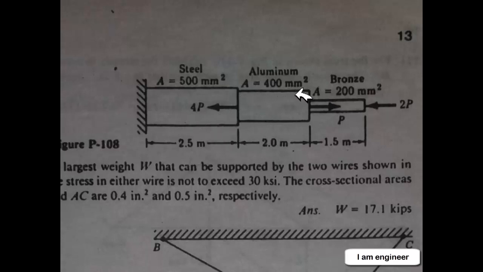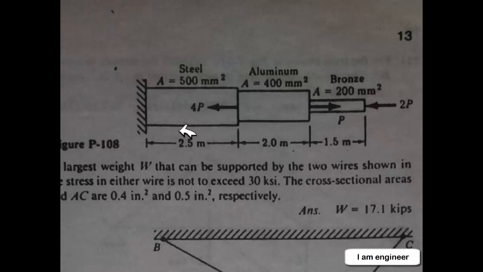Then you have attached aluminum, which is smaller than steel, with an area of 400 square millimeter, a distance of 2 meter. This one is 2.5, a bit different, and has a tensile load of P. Then you've got bronze, which is also smaller than aluminum, 200 square millimeters, and you've got compression of 2P here.